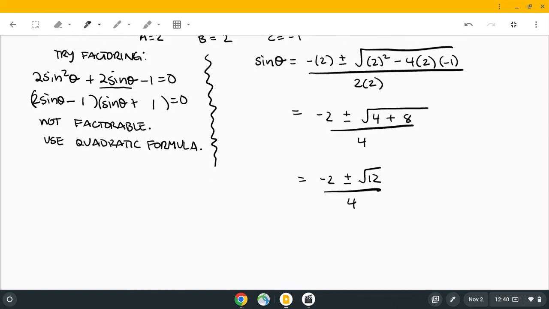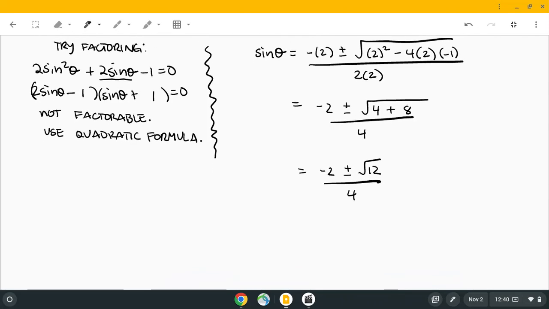And this isn't actually going to simplify to anything nice. So instead of trying to simplify the square root of 12 and reduce it as much as possible, we're going to end up punching this into the calculator anyway. So I'm just going to stop right there and punch it into the calculator. All right, so I get these two things. When I work out -2 plus square root 12 all over 4, I get one answer.